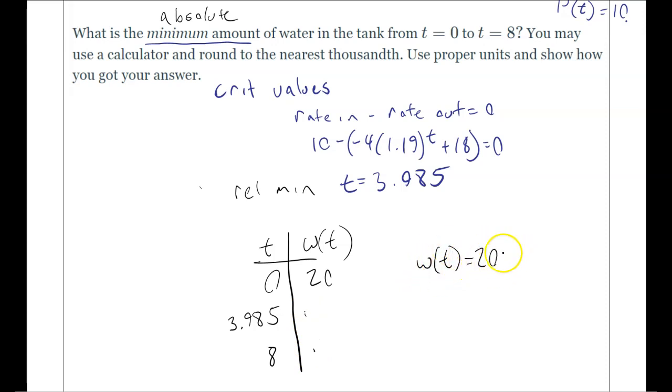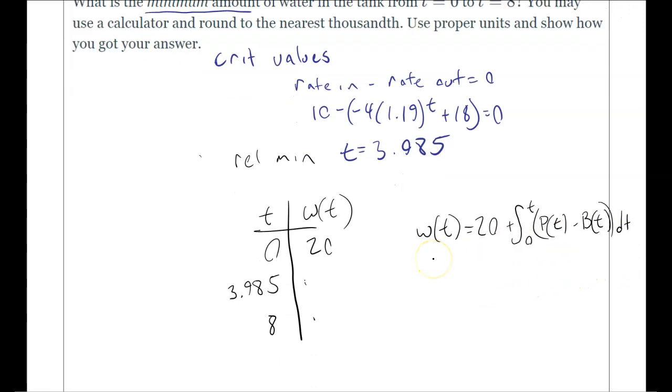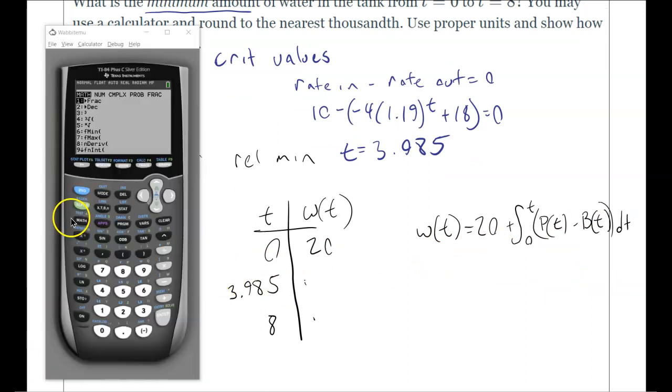And that's going to be an integral, right? It's going to be 20, the initial value, plus the integral from 0 to t of p of t minus b of t. So we have the starting water level plus the total change in the water level as my integral. And again, if I had to do this by hand, I would be in a pickle. But luckily, I know how to do this on my calculator already. So I'm going to use that fnint function, math 9.